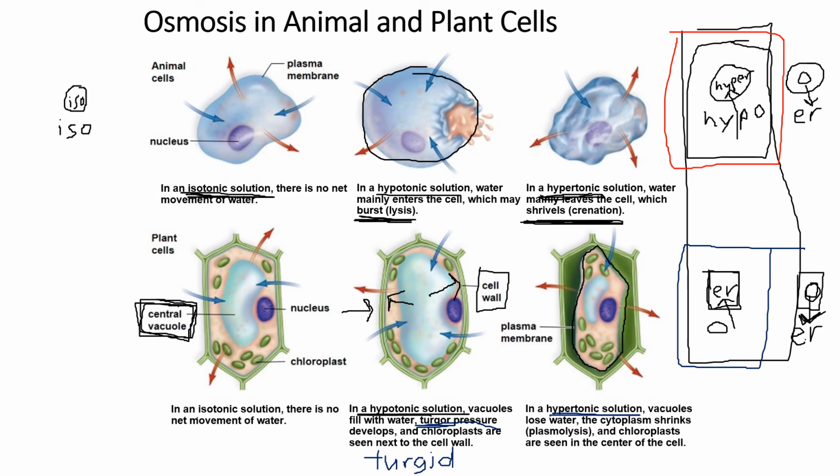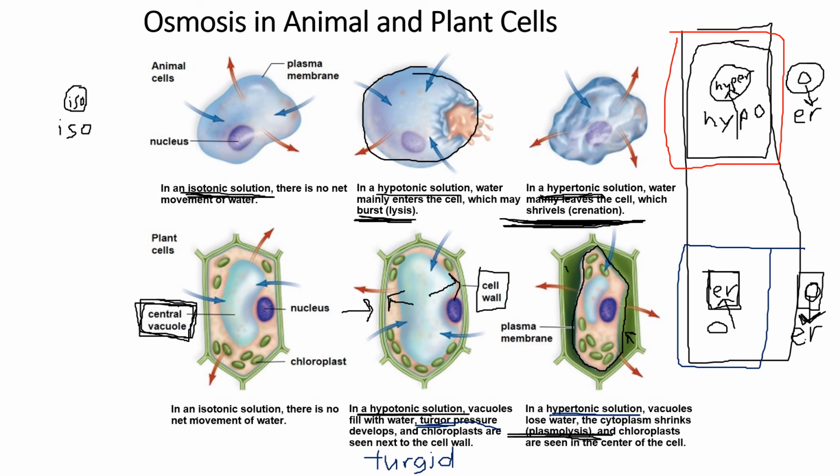When an animal cell shrivels, we call it crenation. When a plant cell shrivels, we call it plasmolysis. So know the difference between those terms. Crenation goes with animal cells, plasmolysis goes with plant cells. And the reason it's a different term is because of the cell wall again.